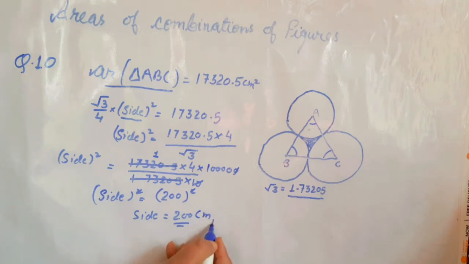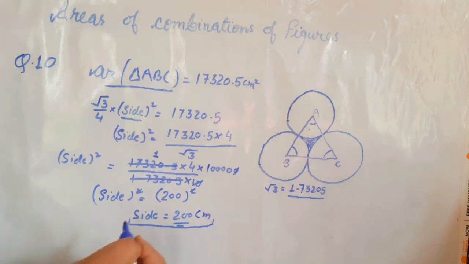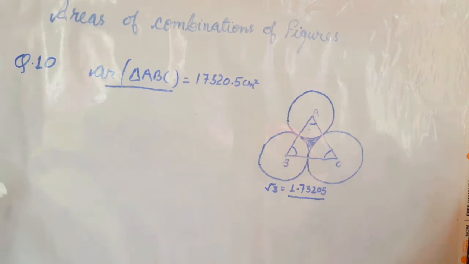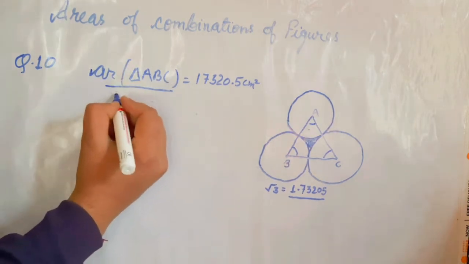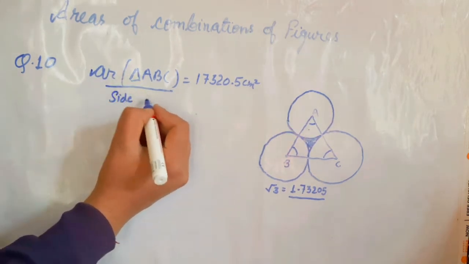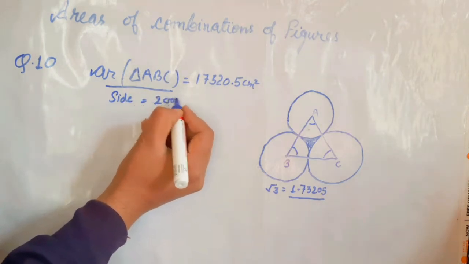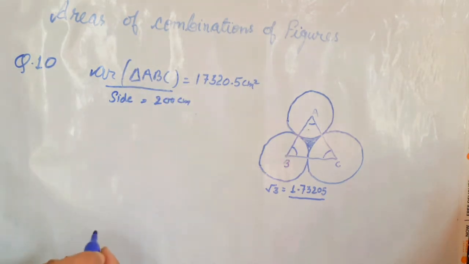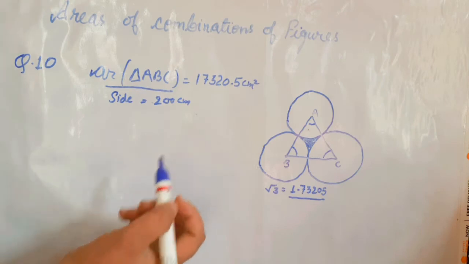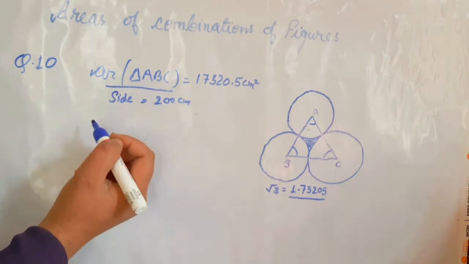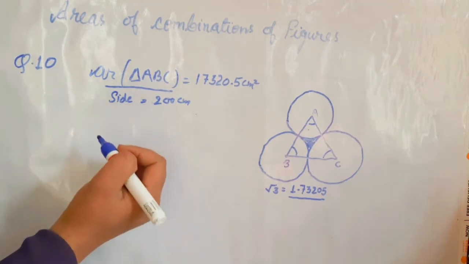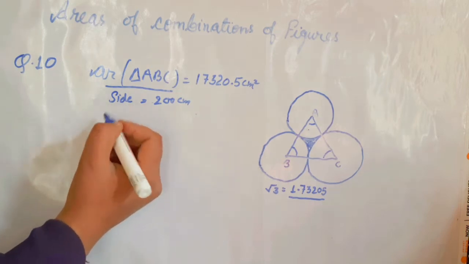Then from here we have to find out the area of sector. The side of triangle ABC is equal to 200 centimeter and the question says that the radius of each circle is the half of side of triangle ABC.